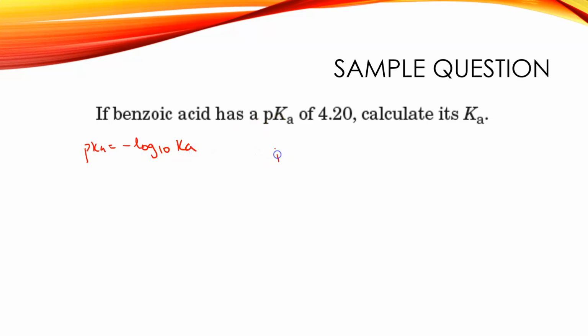This parallels our idea that pH is equal to negative log to base 10 of the H3O plus, and that we can then write H3O plus is equal to 1 times 10 to the negative pH. Then we could rearrange this in the same way, and we can get that the Ka is going to equal 1 times 10 to the negative pKa.